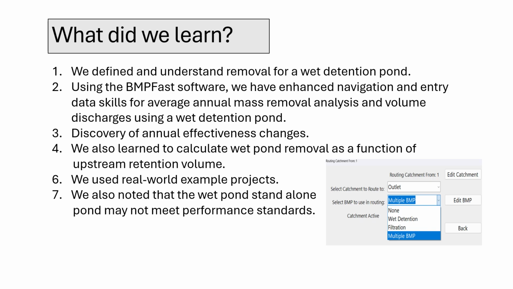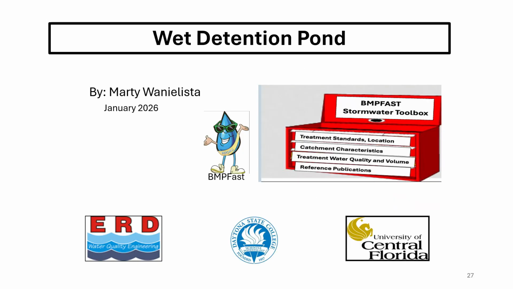The BMPFast software, of course, serves as a valuable tool to assist in these complex calculations, especially when analyzing a series of BMPs. This concludes our discussion on wet detention ponds and how software tools like BMPFast can significantly streamline the process of understanding and filing permit applications in a timely manner.